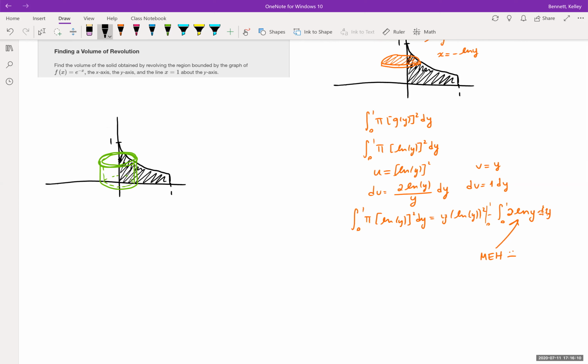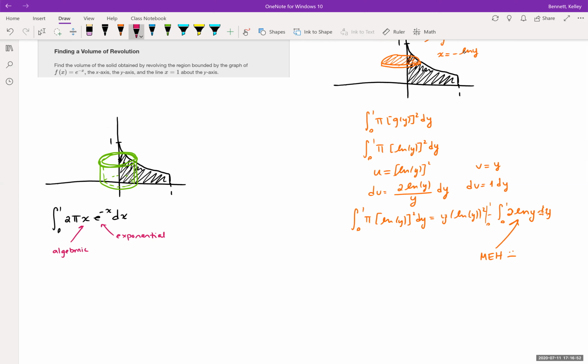And so the shell method would give us the integral from 0 to 1 of 2 pi x times the height of this shell, which is just e to the negative x. And this to me is looking a lot better, because I have a very obvious setup. I know that e to the negative x is my exponential, and 2 pi x is going to be my algebraic.